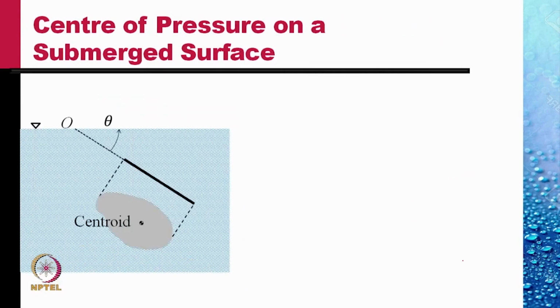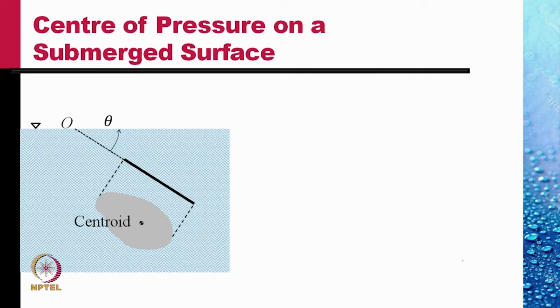Let us next consider the center of pressure on a submerged surface. For this, we will deal only with plane surfaces, flat surfaces. Let's consider an inclined surface at an angle theta as shown.